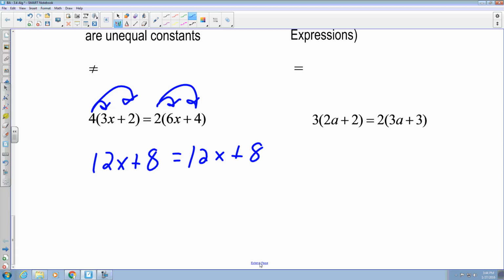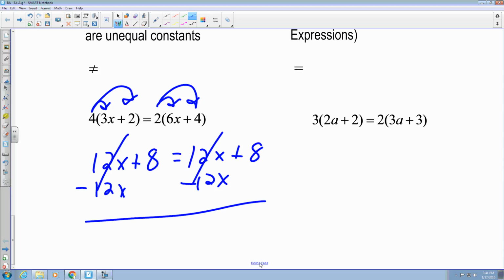So I'll subtract 12x from both sides. Since those cancel, I'm left with 8 equals 8, which is a true statement. Since it's a true statement, this is where we have a situation with infinitely many solutions, or all real numbers.